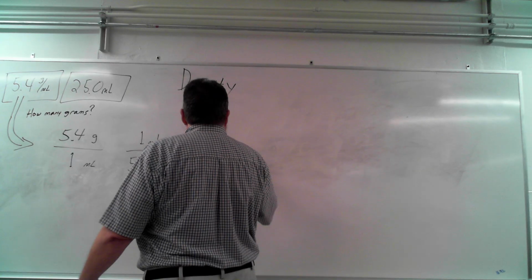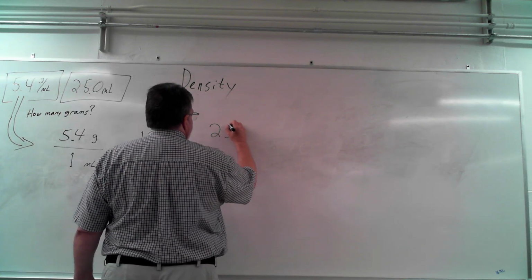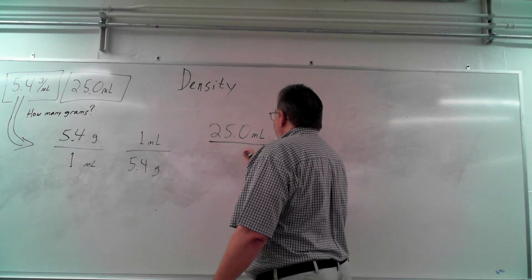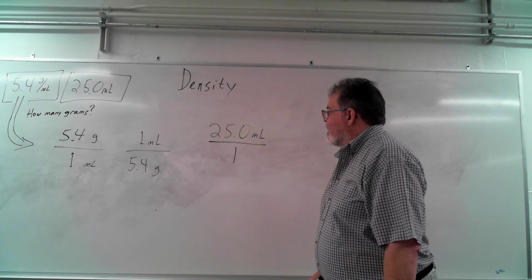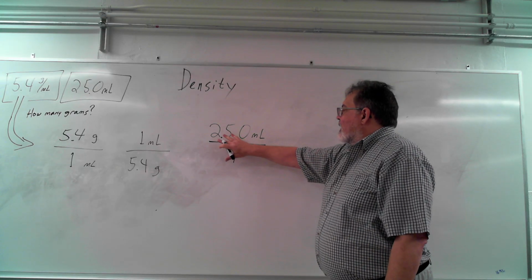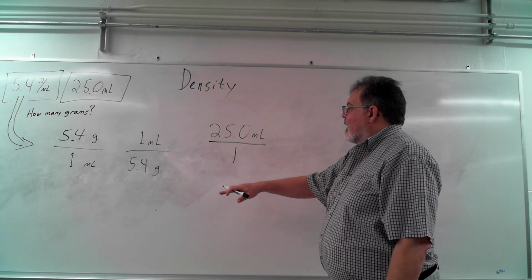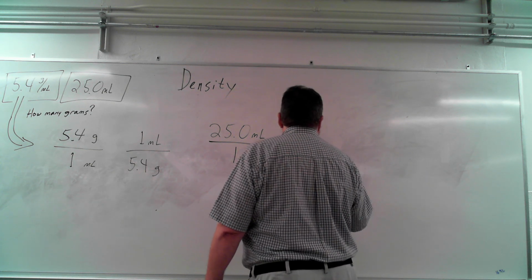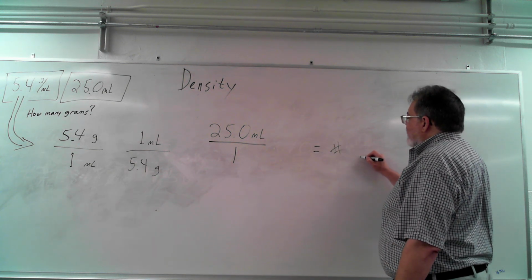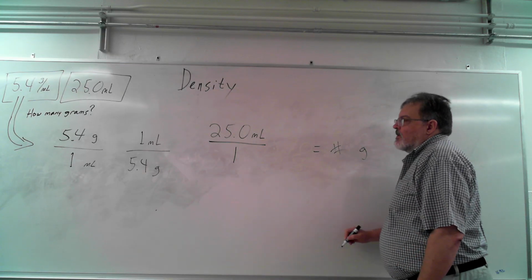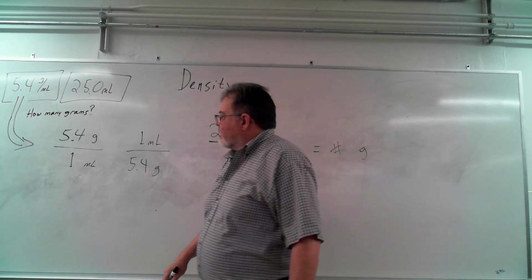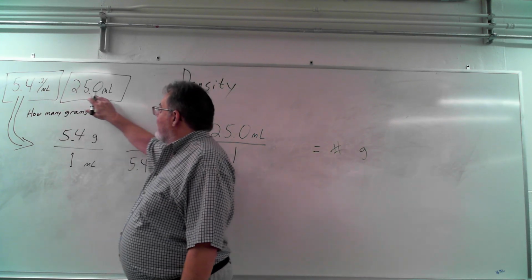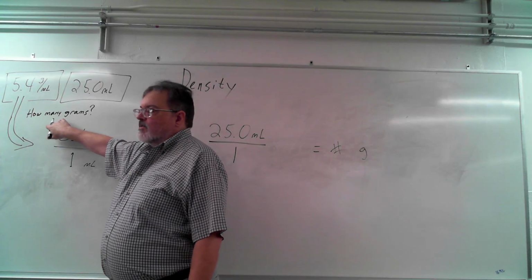The 25.0 milliliters, that I'm going to put over 1 just to keep things symmetrical. But when I multiply this 25.0 by something, I need the milliliters to cancel and I need to end in grams. So you're going to have some numerical value in grams. ChatGPT didn't ask you this, but it's saying if I have a substance with this density and have this many milliliters of it, how many grams do I have?